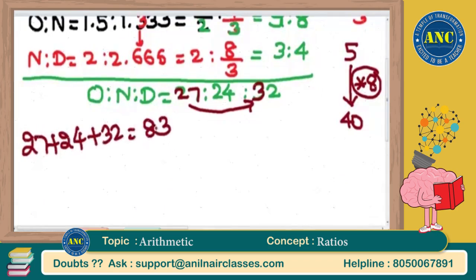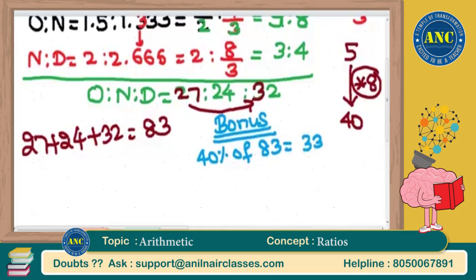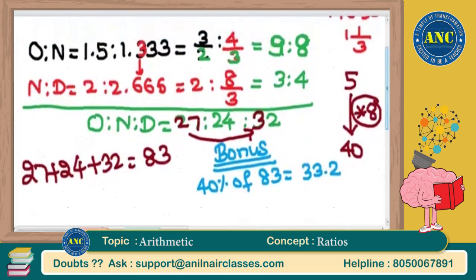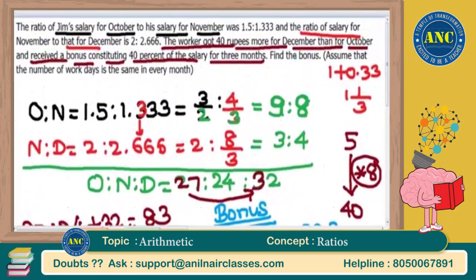But question says out of this total salary of 83 rupees, 40% will be bonus. According to ratio it is 40% of 83. You should find out what is 40% of 83. You will get 33.2. According to ratio it is 33.2.